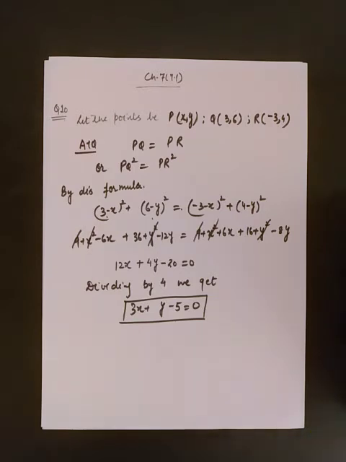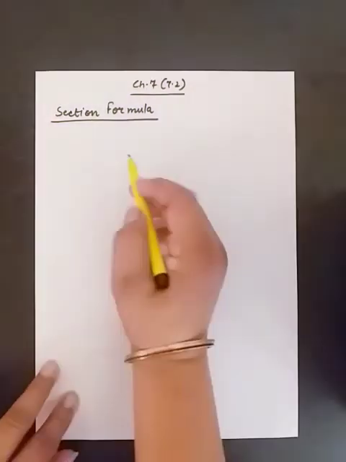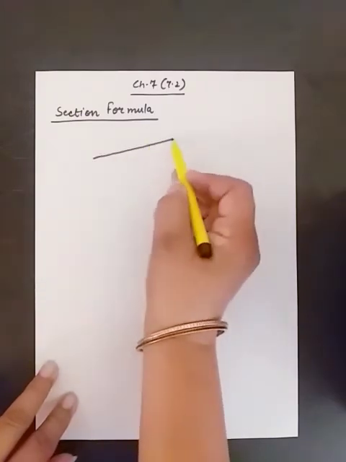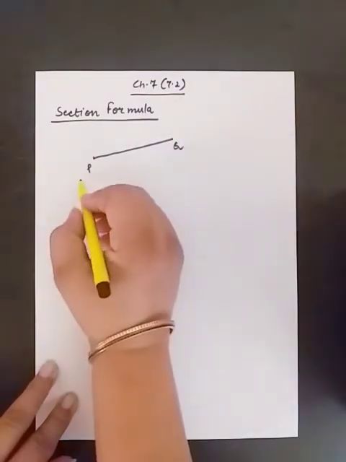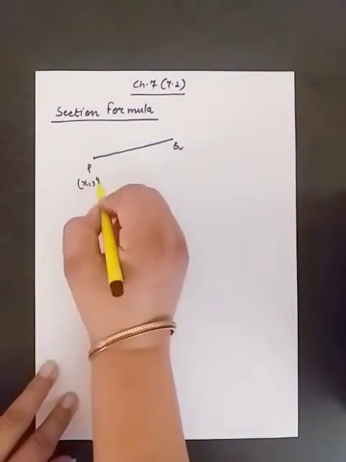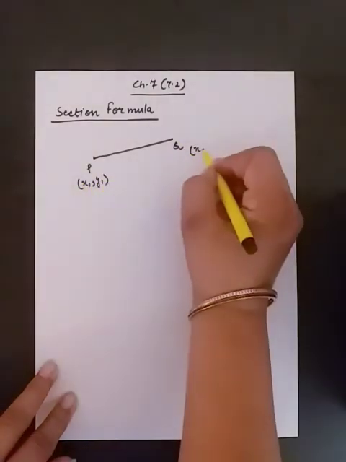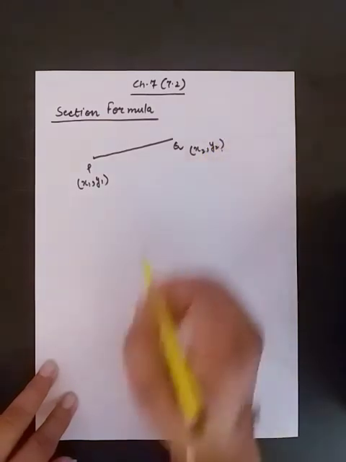Now we will study the next formula, that is the section formula for exercise 7.2. So the section formula is applied when a given line segment, suppose PQ is a given length and the coordinates of P are x1, y1 and the coordinates of Q are x2, y2.